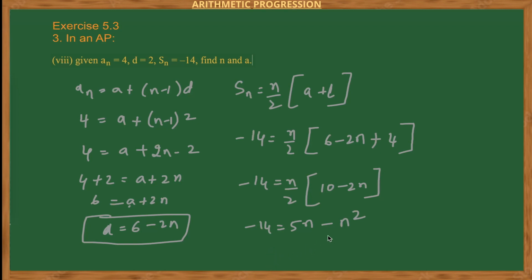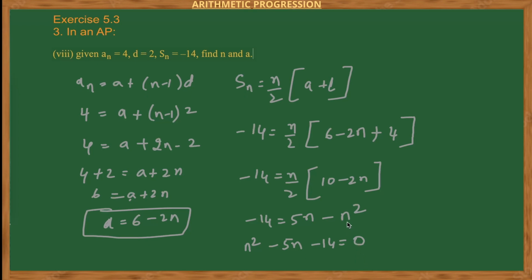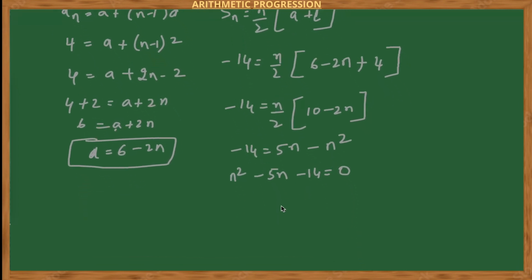Let's bring the minus n to this side, so n square minus 5n minus 14 is equal to 0. Here we got the quadratic equation.